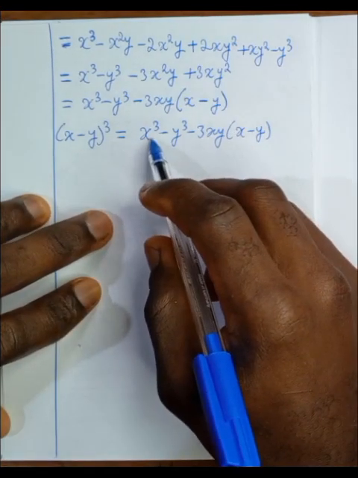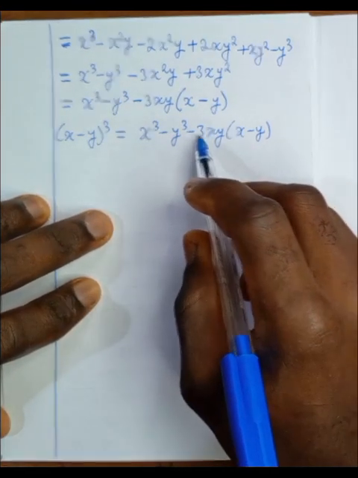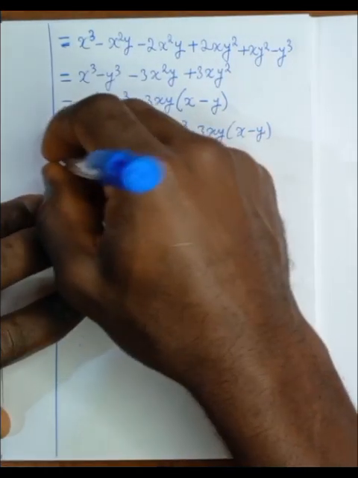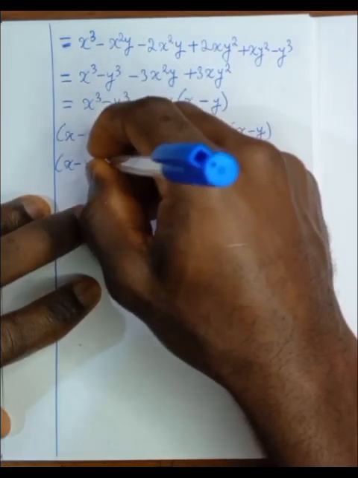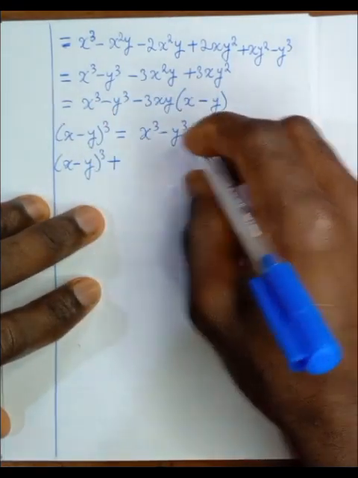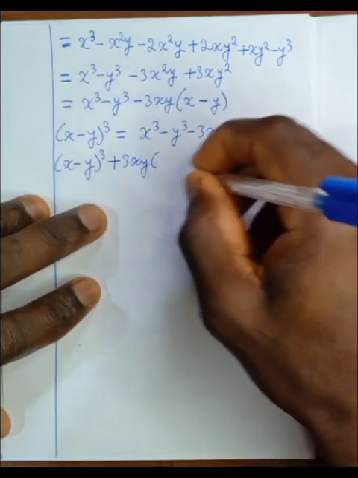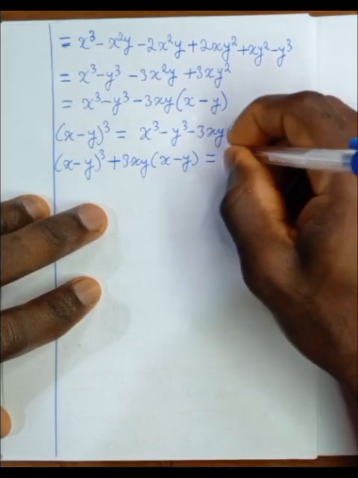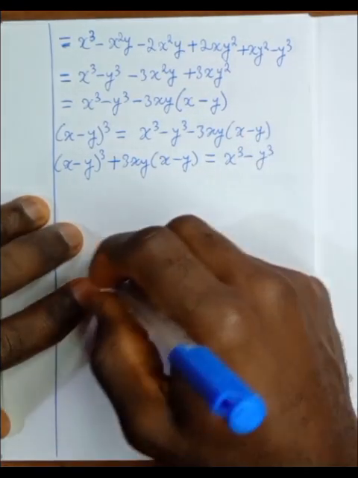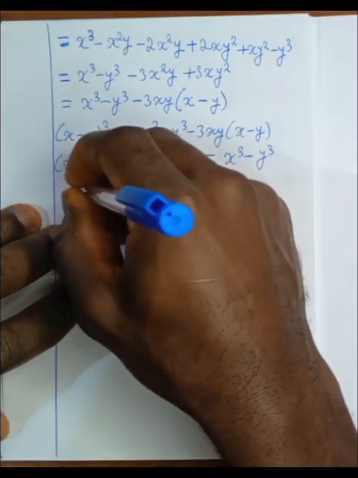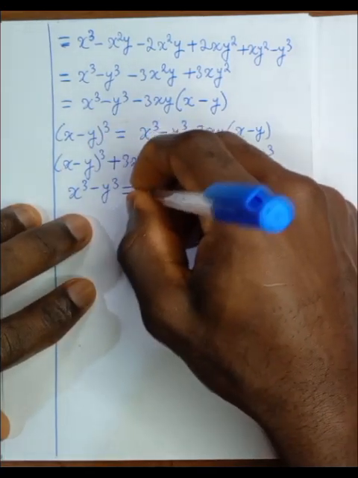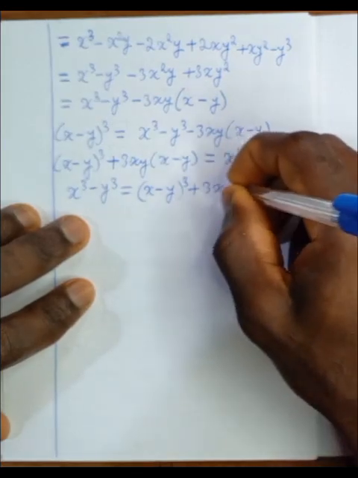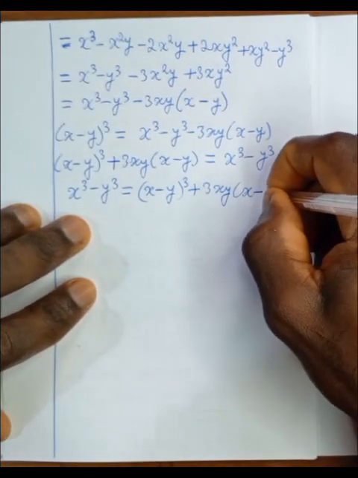We are going to make x cubed minus y cubed the subject of formula. That means we are going to transfer negative 3xy times x minus y to the left. This will give us x minus y cubed plus, it becomes positive 3xy times x minus y equal to x cubed minus y cubed, which is the same as saying x cubed minus y cubed is equal to x minus y all this cubed plus 3xy times x minus y.